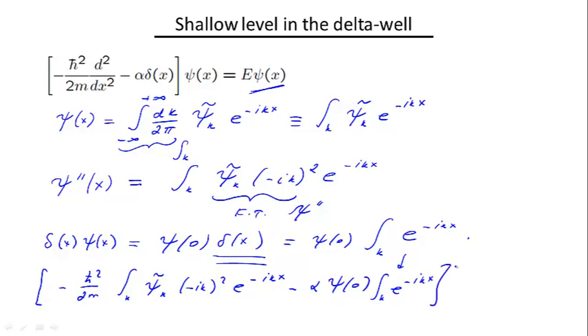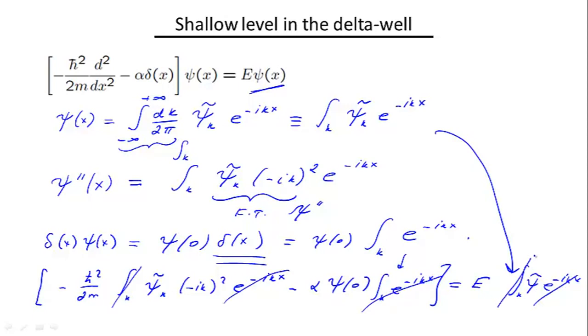In the right-hand side, we're going to have simply the energy times the wave function, k psi tilde, e to the power minus ikx. So we see that in all three terms we have these integrals and these exponentials, and we can simply focus on the overall coefficients that multiply all these exponentials and essentially get what we can call a Schrödinger equation in momentum space. In some sense we can just get rid of these integrals.